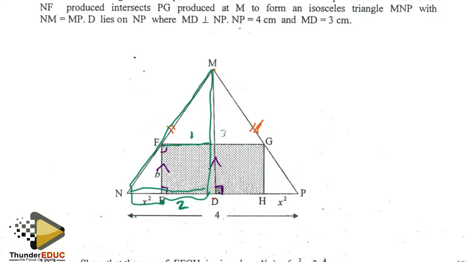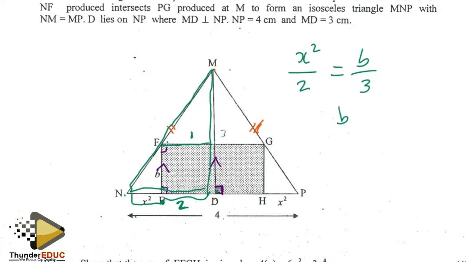So then I'm going to say that x squared, I'm dividing it by the total here, which is a 2, is equal to this line b over the total, which is 3, because they told us that total distance is 3.